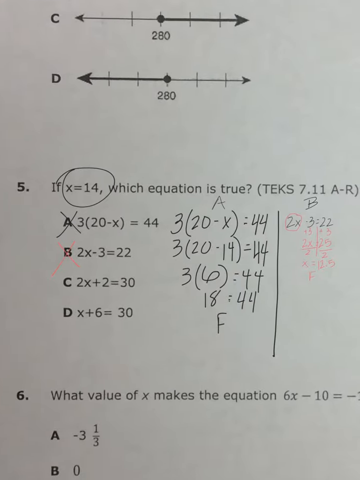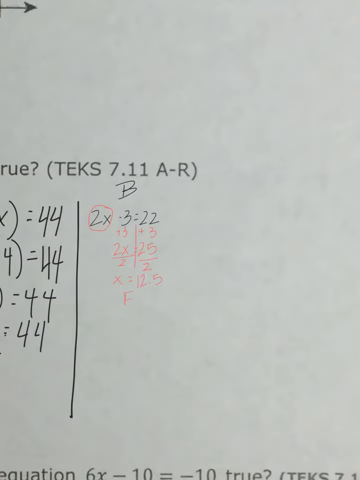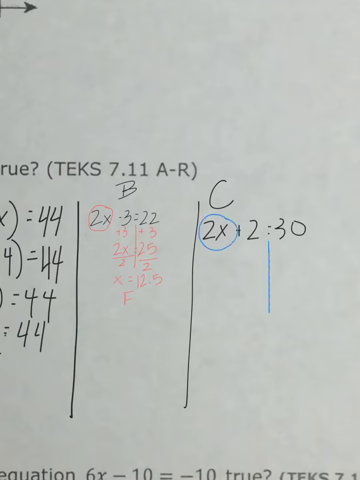C says 2x plus 2 equals 30. Draw your line, circle your variable term. We have a plus 2, so we need to do minus 2. 2 minus 2 zeroes out, and I'm left with 2x equals, and then 30 minus 2 is 28.